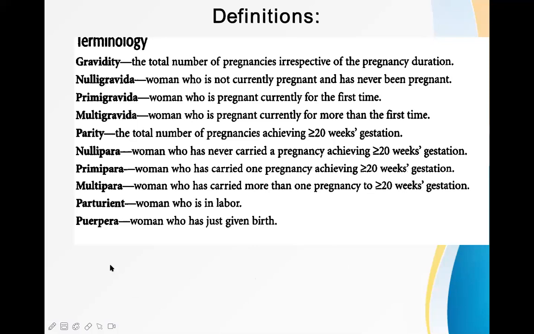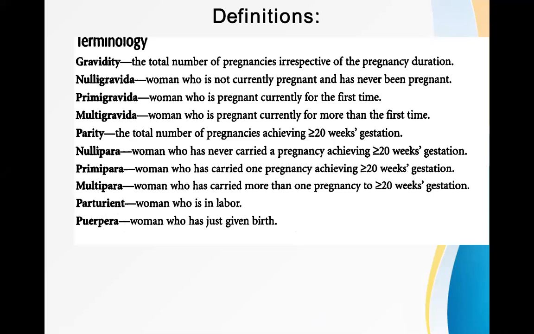There are also some new terms for you, like parturient. Parturient means a woman who is in labor. She has already developed the signs of labor and is going to give birth to a baby, so she is called a parturient lady. It is not a very commonly used term, but puerpera is a very commonly used term. Puerpera means a woman who has just given birth.